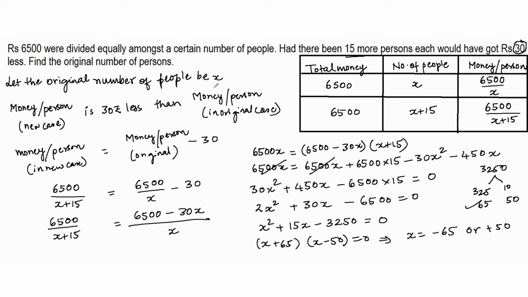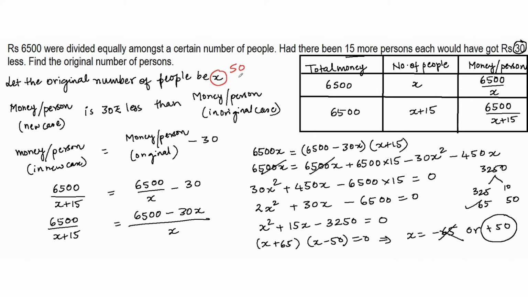X is again the number of people which cannot be negative, and therefore the value of x is positive 50, right? So there are a total of 50 people originally that would get 6500.